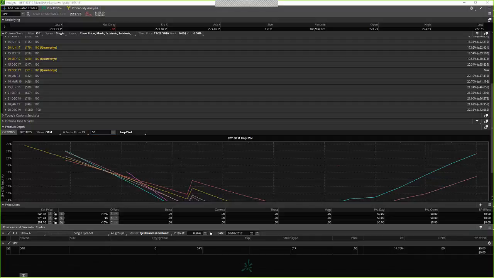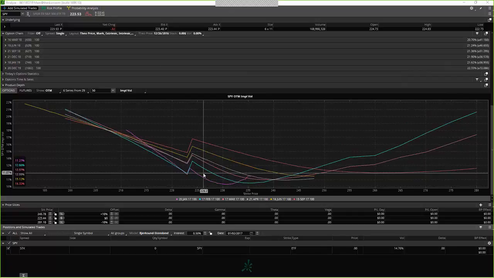Now, the challenge with that is Thinkorswim, and almost everybody, does not do what are known as discrete dividend calculations. What's a discrete dividend? When you take a look at the implied volatility, if you were to go through the Black-Scholes and binomial formula, one of the things that you put in is the dividend yield.